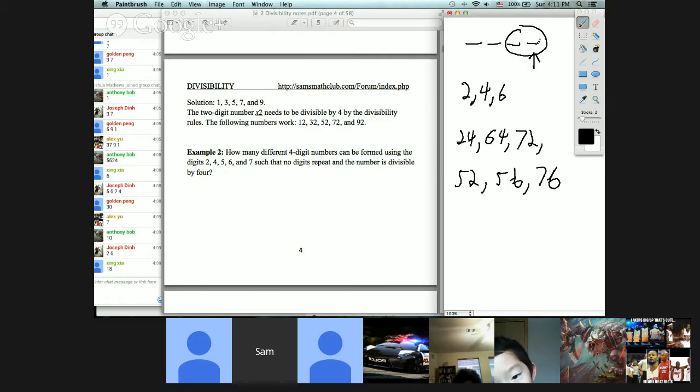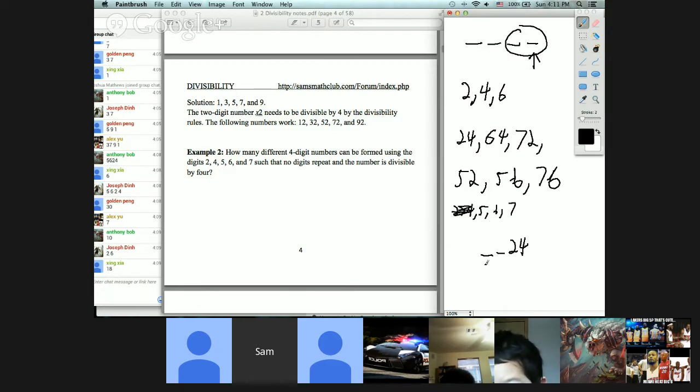And then once you have these two spots occupied, these two digits don't even matter. So, for example, let's put 2, 4 here. And then we have 2 digits here, and they don't even matter. So out of our 2, 4, 5, 6, 7, we've already taken out 24 and placed it there. So this spot, you can have 3 different numbers.